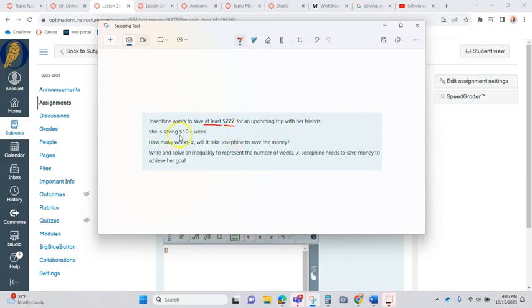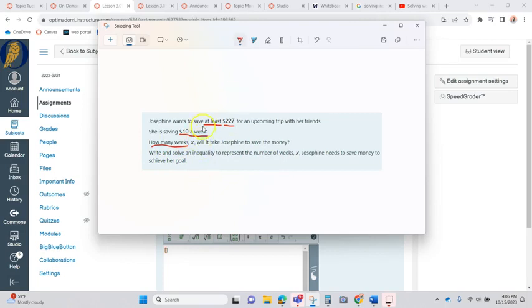She is saving $10 a week. How many weeks, x, will it take for Josephine to save the money? Write and solve an inequality that represents the number of weeks, x, Josephine needs to save money to achieve her goal.